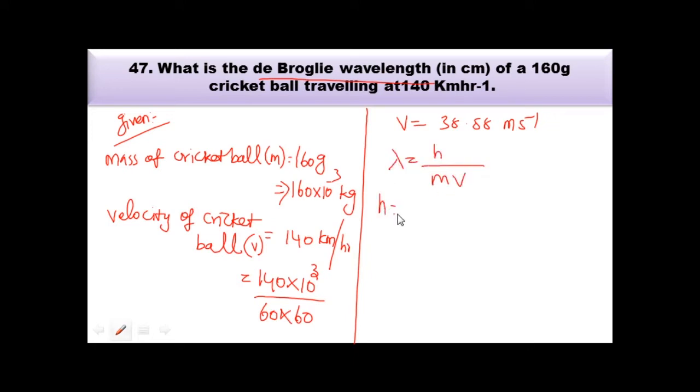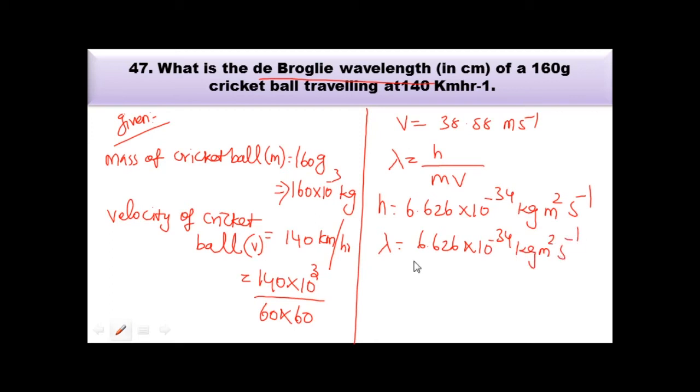We already know that. What is the h value? 6.626 into 10 power minus 34 kilogram meter squared second inverse. So lambda equal to 6.626 into 10 power minus 34 kilogram meter squared second inverse divided by, what is the mass? Mass of the ball is 160 multiplied with 10 power minus 3 kilogram.